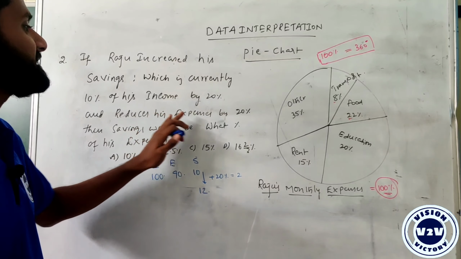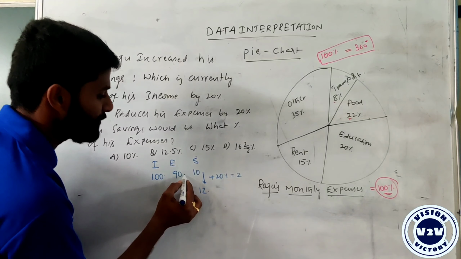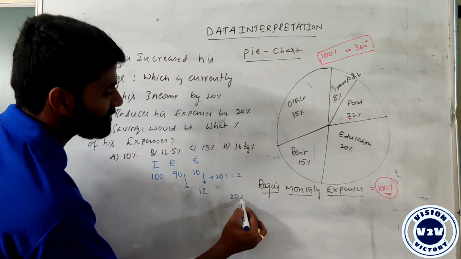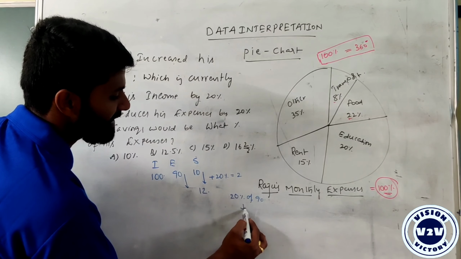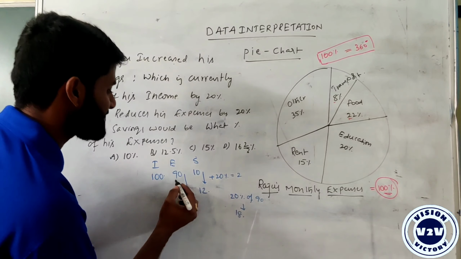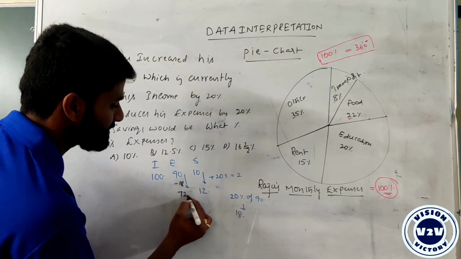And he reduces his expenditure by 20%, which means 20% of 90. 20% of 90 is 18. If you subtract 18, the value becomes 72.